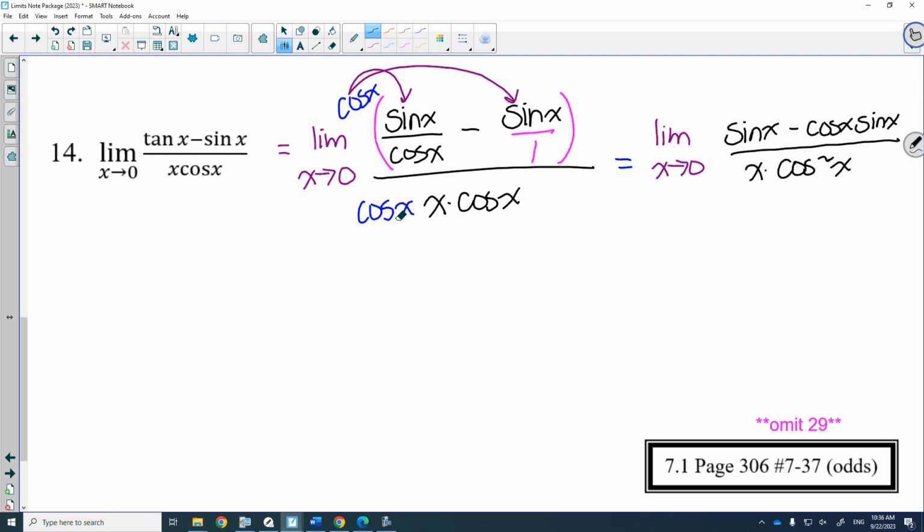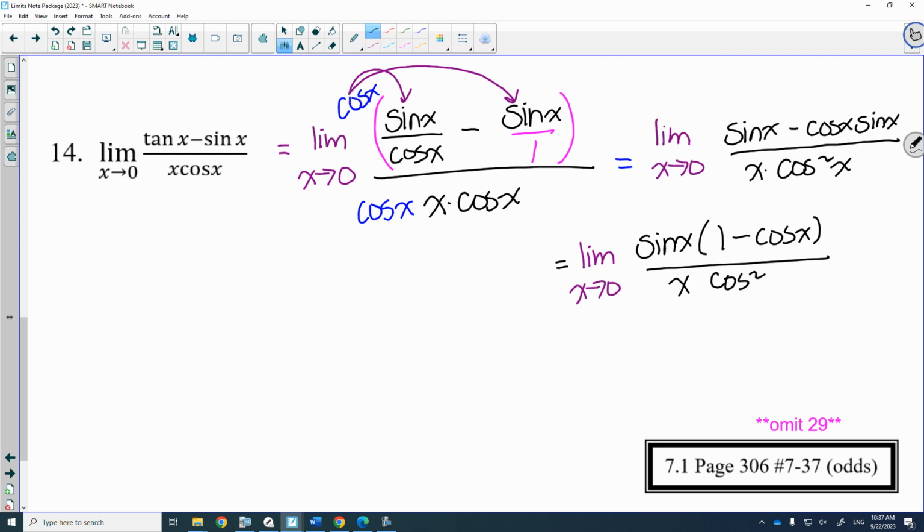Okay, so what I want you to look at here is in my numerator, hopefully you could see that we could factor out a sine of x. So I'd have the limit as x approaches 0, factor out sine of x, and you would have 1 minus cosine of x all over x cos squared of x.